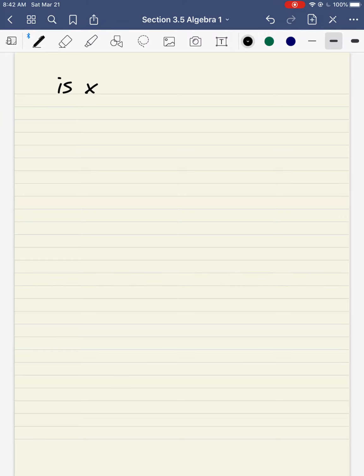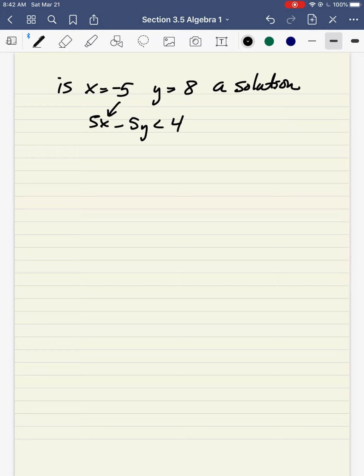Is x equals minus 5, y equals 8 a solution? So on these particular problems, you are basically seeing if it falls into the general area. So this is a plug-in problem and see if it makes sense. So I'm going to put a minus 5 here and an 8 there.